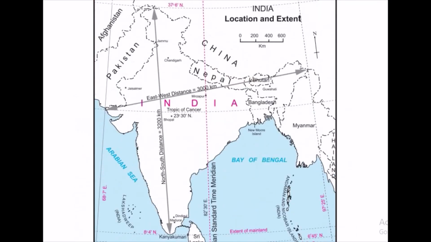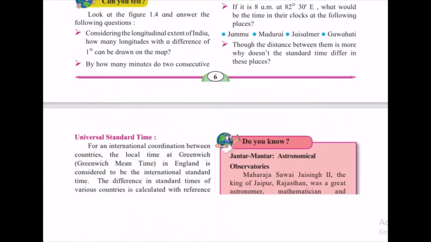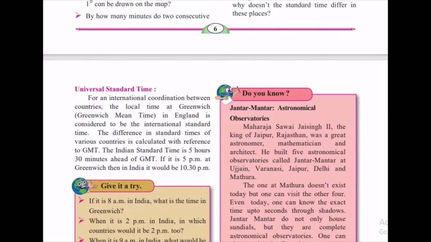Now, my dear students, what is universal standard time? How do we determine universal standard time? When I speak of universal standard time for international coordination between the countries, the local time at Greenwich Mean Time in England is considered to be the International Standard Time.